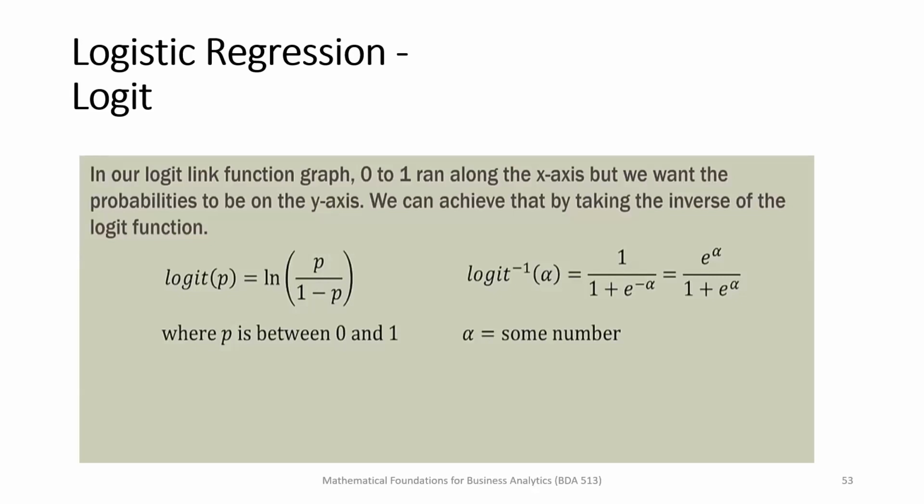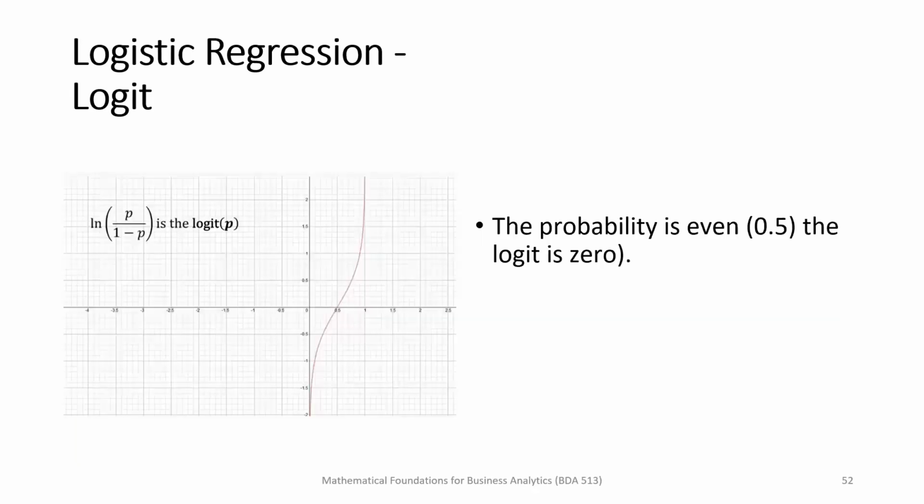Now, we can turn this the other way around. What we want to do is for the probability to come to the y-axis. So let's say, in your mind, we turn this table so that the x-axis becomes the y-axis and the y-axis becomes the x-axis. In other words, the probabilities come to the y-axis and the logarithm comes to the x-axis.